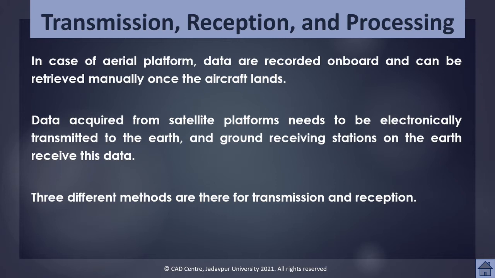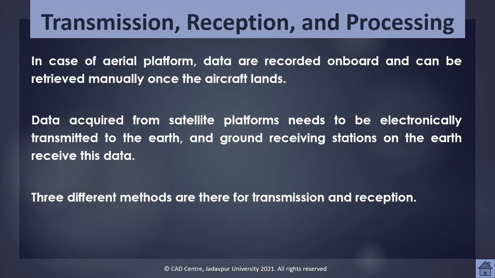Satellite remote sensing systems may also be referred to as orbital or satellite-borne remote sensing systems. Aircrafts and satellites are known as sensor platforms. Data obtained during airborne remote sensing missions can be retrieved once the aircraft lands. It can then be processed and delivered to the end user.